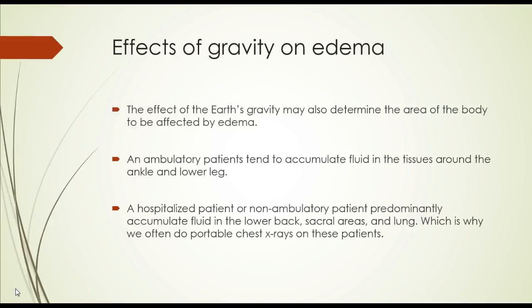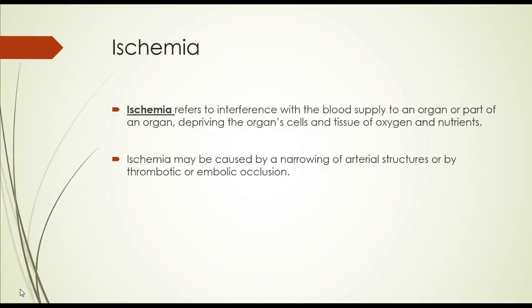So let's move on to ischemia and infarction. Ischemia is the interference of the blood supply to an organ or part of an organ, depriving that organ's cells and tissue of oxygen and nutrients. This is usually caused by some type of narrowing of the arterial structure, whether it be thrombotic or embolic.